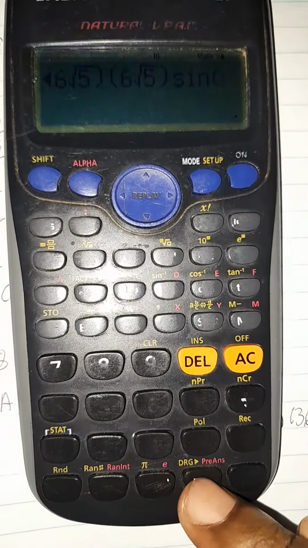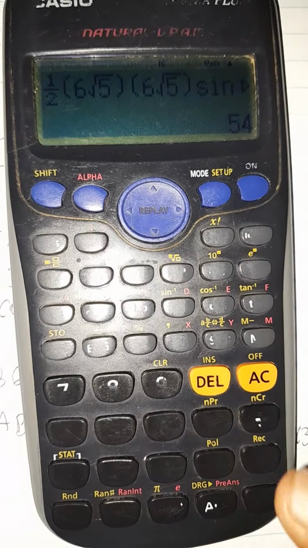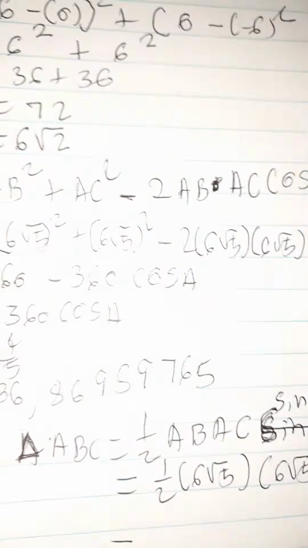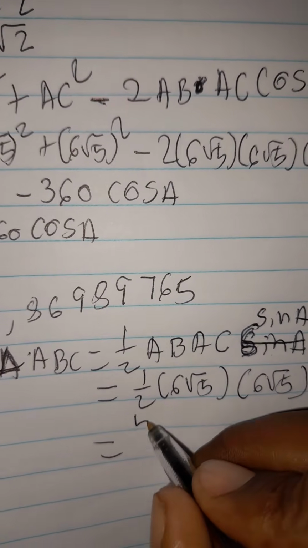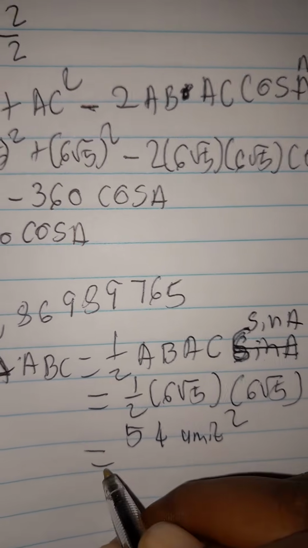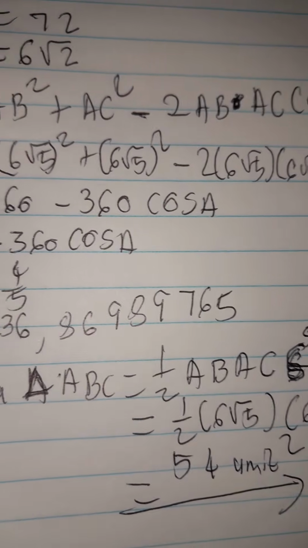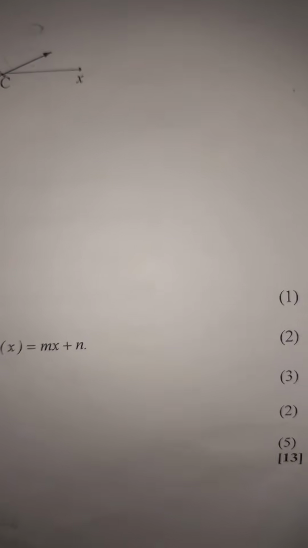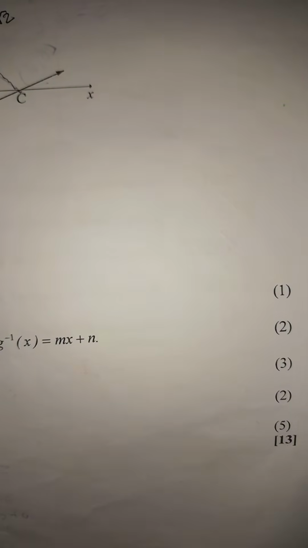Let me just use the answer. So what are we getting there? Definitely we are getting 54. So our answer will be 54 units squared. That's the area of triangle ABC. So that's how you're going to get those 13 marks.